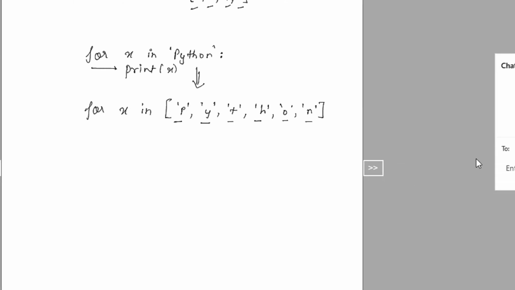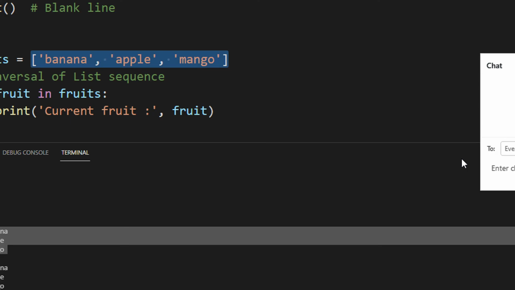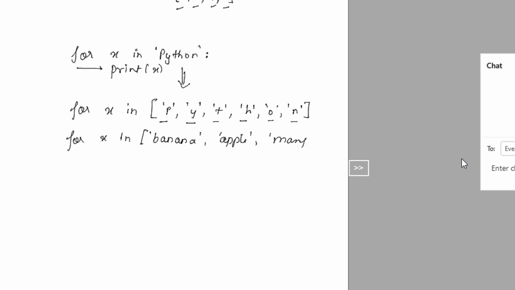Let us go back to the drawing board. For x in banana, apple, and mango, x will first iterate over this entire item, then over this entire item, then over this entire item. In the earlier case also it iterated over a single character because we only had a single character.